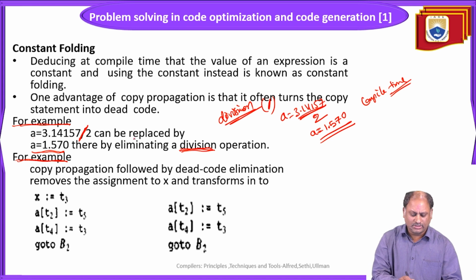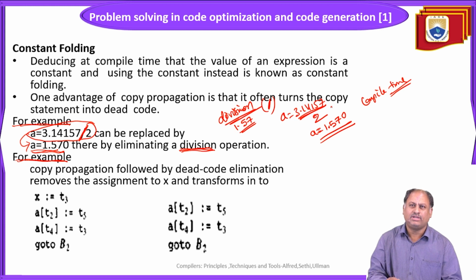Instead of this computation, I am replacing it directly with this value. Even if you perform the division operation, the result is the same, 1.57 only. Instead of performing that computation and wasting compilation time and running time, we directly assign this value and save time.